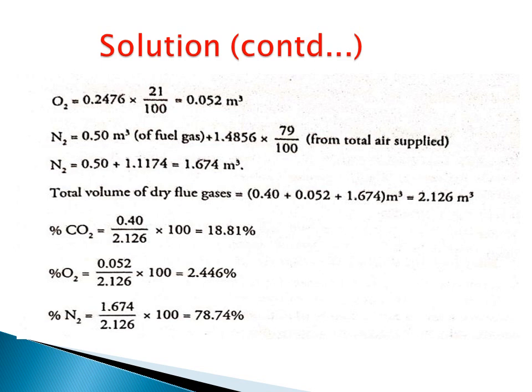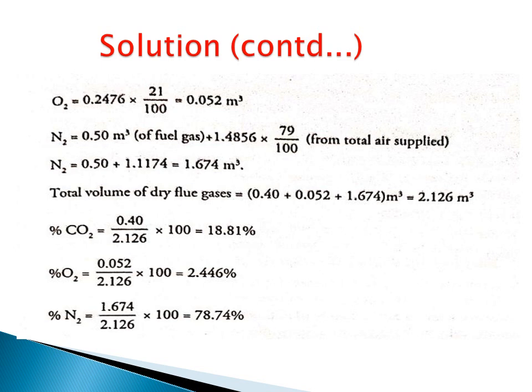Total air supplied was 1.4856 into 79 by 100, and that comes out to be 1.674 meter cube. So total volume of flue gases, you add all the three. Oxygen is 0.052, carbon dioxide is 0.40 calculated earlier, and nitrogen is 1.674 meter cube. So total volume of flue gases comes out to be 2.126 meter cube.